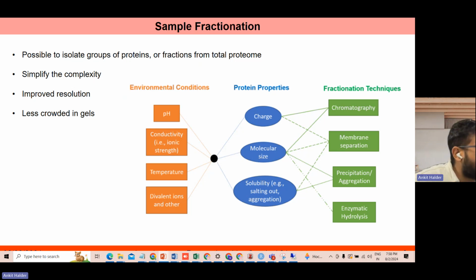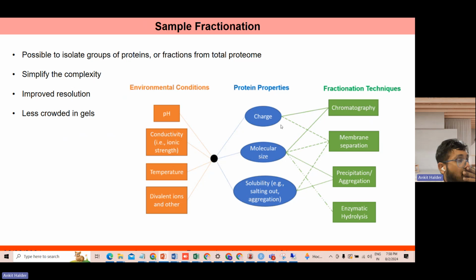So that's why there are different things that we can take into account. The first is the environmental condition, which affects the protein properties and the fractionation technique. The environmental condition means pH, conductivity, that is the ionic strength of the solution in which it is, temperature, divalent ions, and others.